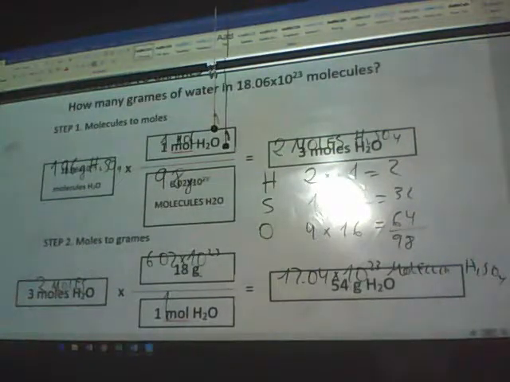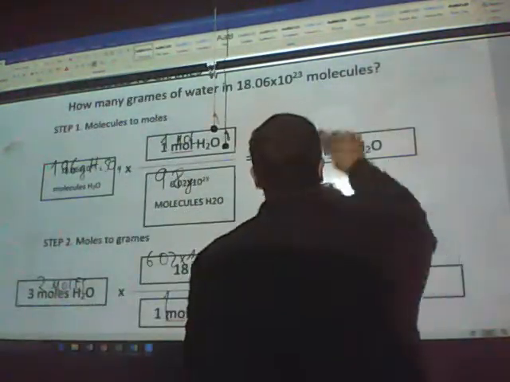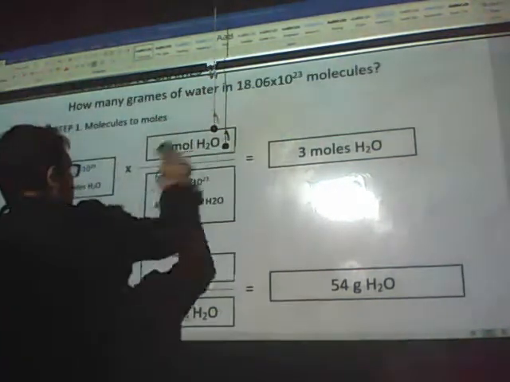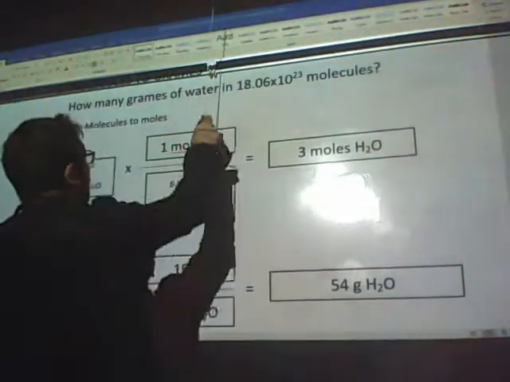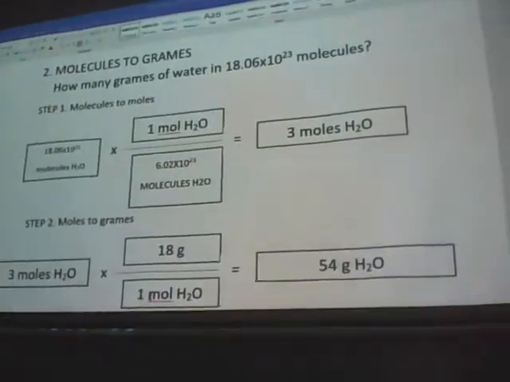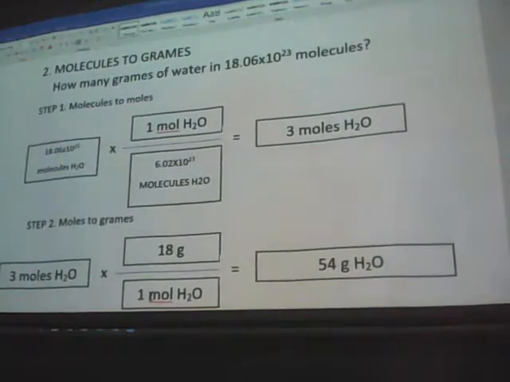Molecules to grams. So to convert molecules to grams, you have to do two calculations.